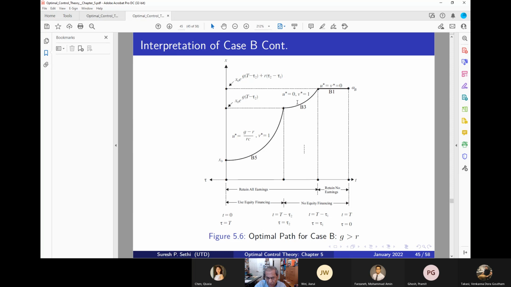Notice, if I give you this solution, then I can also go to x0 and grow that at rate g to come to this point, then grow this at rate r to come to this point. So growing at rate g, it's e to the g(t minus tau 2). And then I have this value, and this value grows at the rate r from tau 2 to tau 1, from this time to this time. Then that's r times (tau 2 minus tau 1).